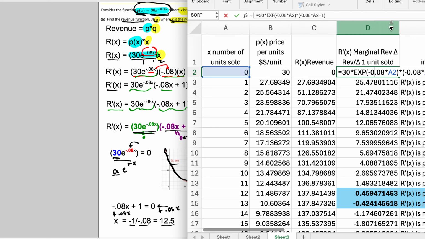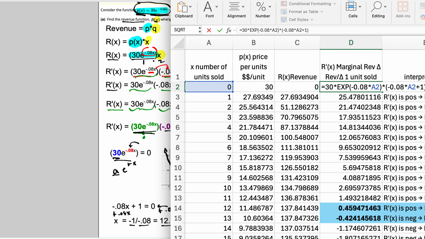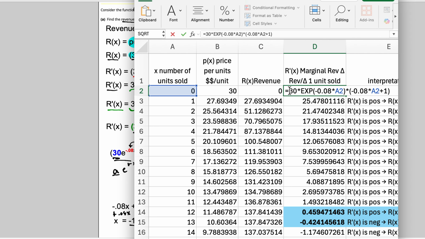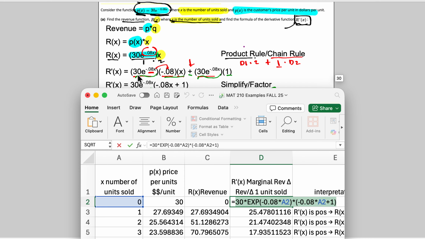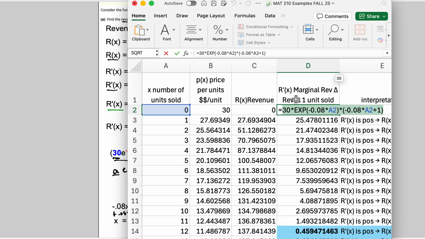And then for my marginal revenue function, I just put in the derivative function that I calculated by hand, and that came from right here. I can enter it either way, it doesn't matter, but I typically would try to enter it in the most simplified form.